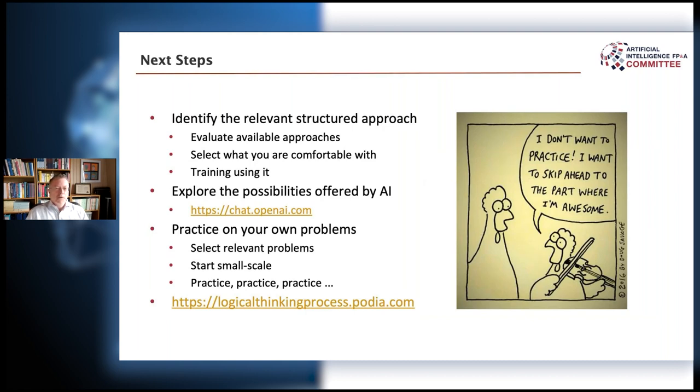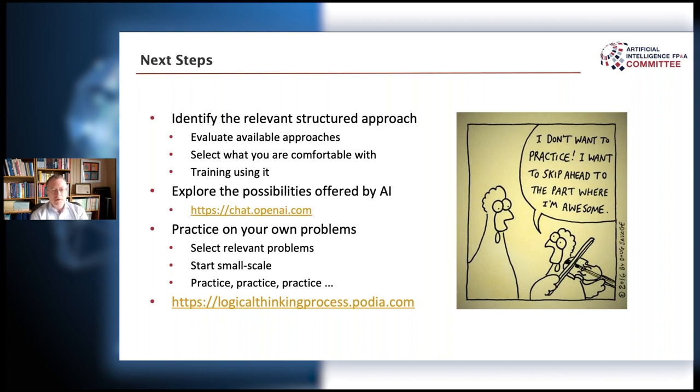So if you want to explore this further, what are the next steps? First, identify a relevant structured approach. A structured approach to analysis is very important when we're using this. So evaluate the approaches that you think might be useful, select what you're comfortable with, and train yourself using it.